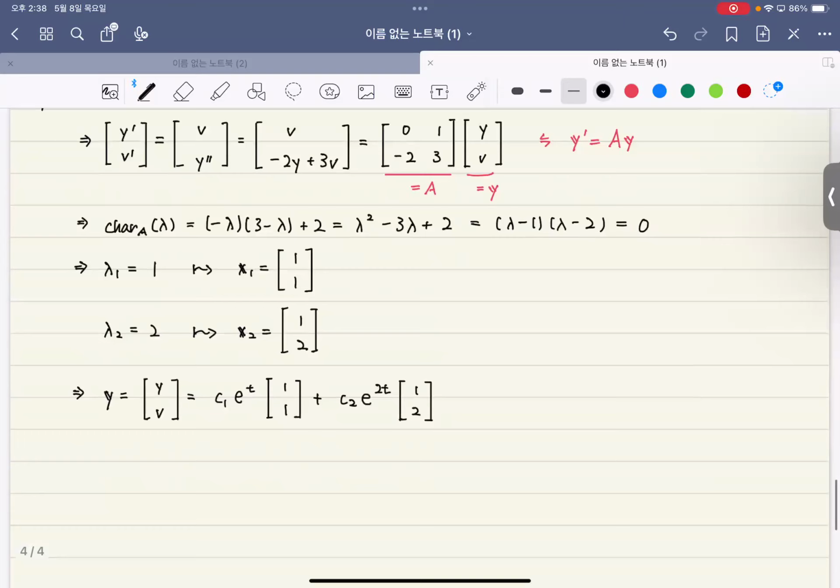Good. But our initial problem was a question about the function y. So our final solution is y, just reading the first component of this resulting vector: c1 times e to the t plus c2 times e to the 2t. So this is going to be your solution.